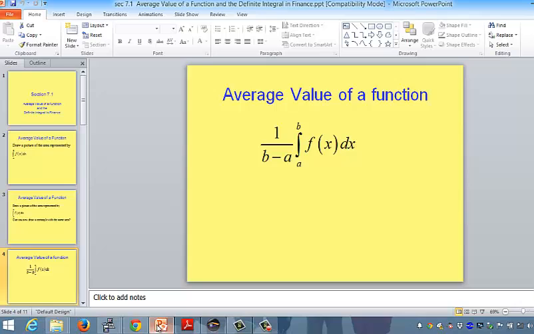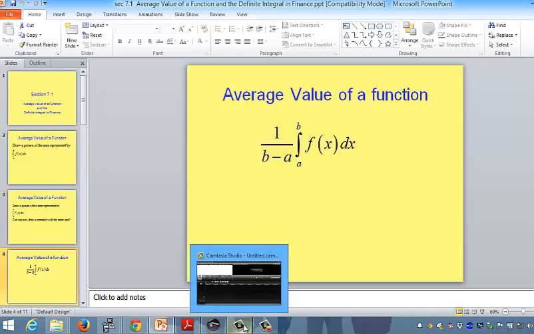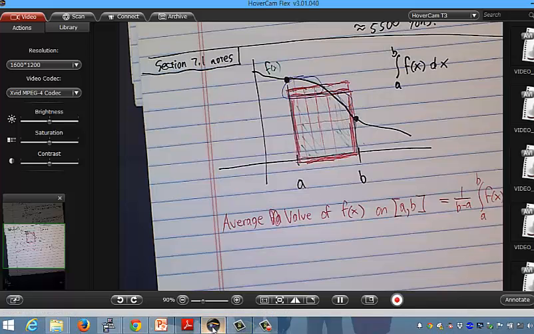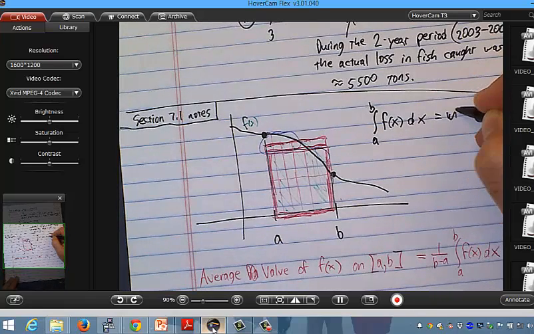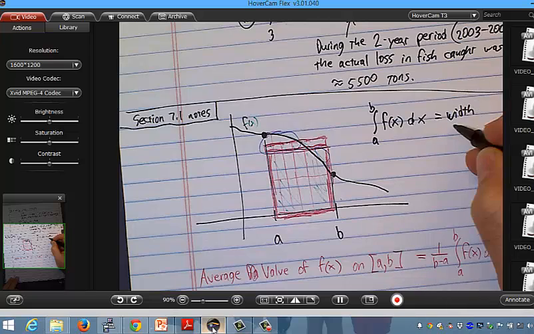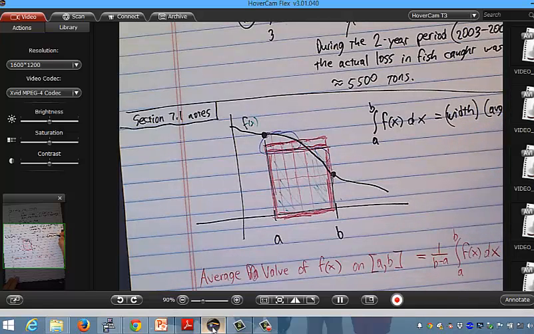Well, because I know that the integral is equal to the width of the rectangle times the average value of the function.